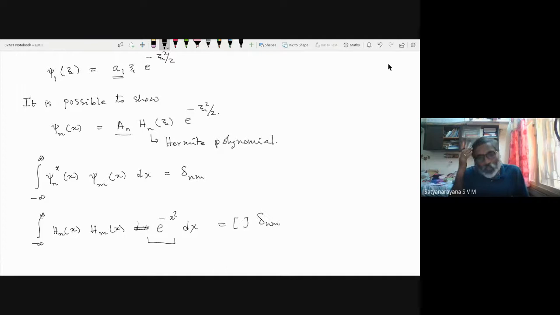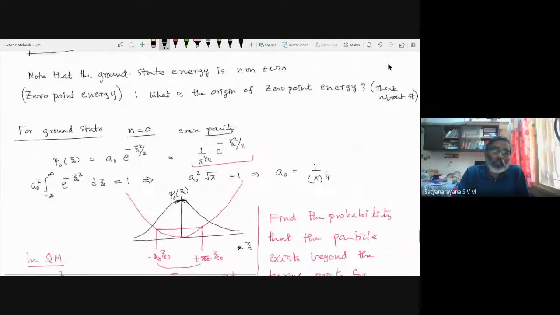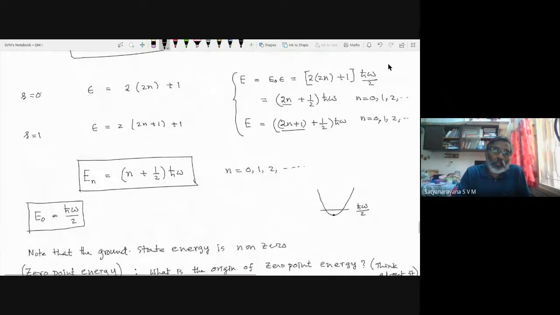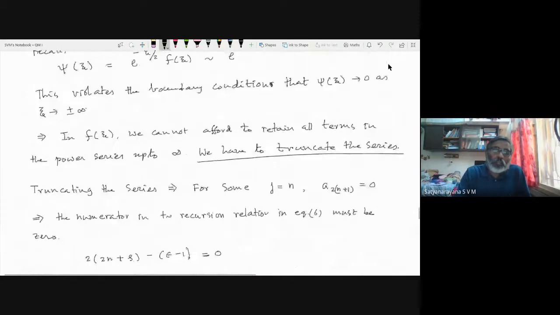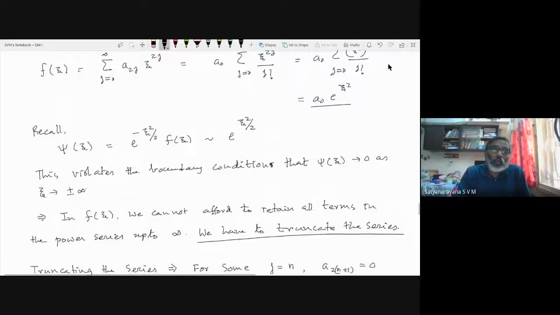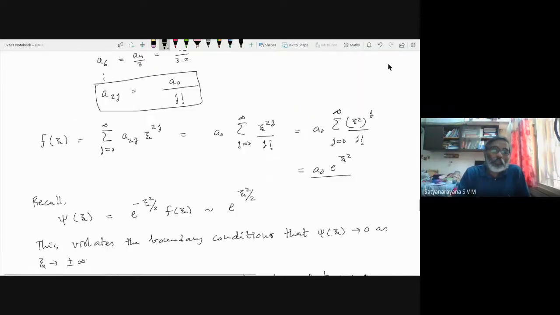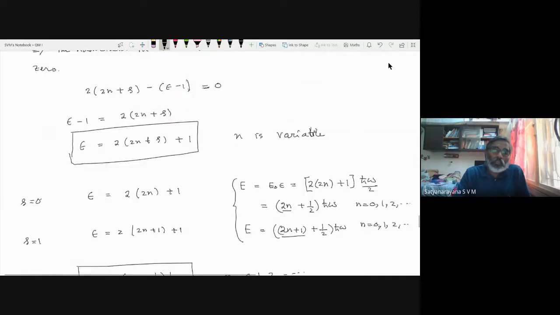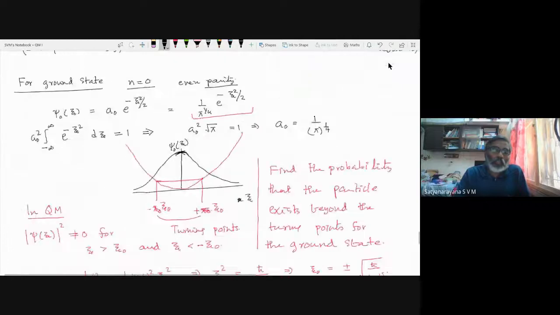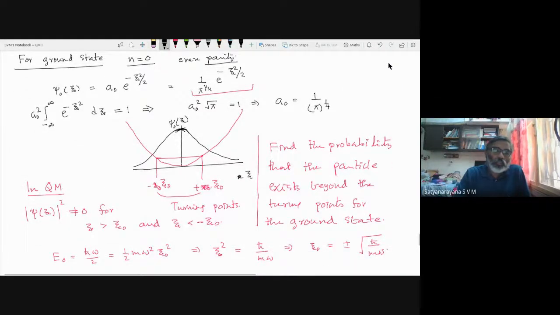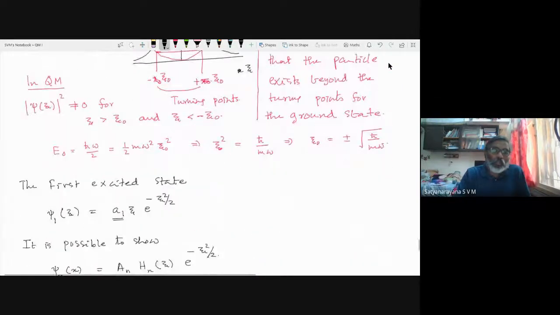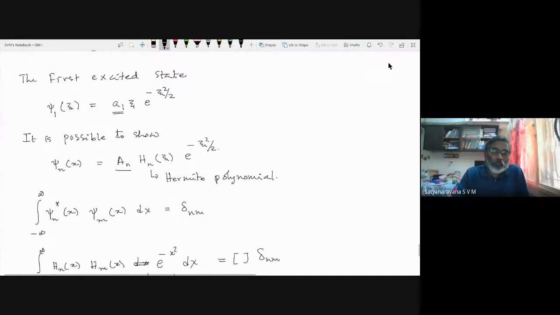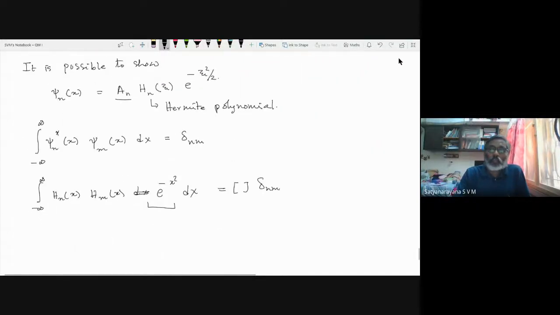Different books will write the final power series in different ways, but that is not important. The important thing is that we understand what we have done. So please look at that, and this is essentially the method called the analytical method or power series solution method to solve the Schrodinger equation for the harmonic oscillator. Okay, if there are questions, you can ask.